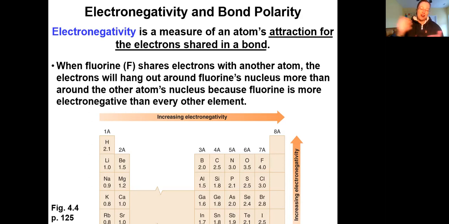When they're trying to recruit them over, somebody coming over might be like, well, man, I can barely see the protons in the nucleus. I'm not sure I really want to hang out at your house a whole lot. But if they go to fluorine's house, look at him at the top of that row of the group, 7A. He's little, much smaller. And so any electrons that'll come hang out with him are pretty close.